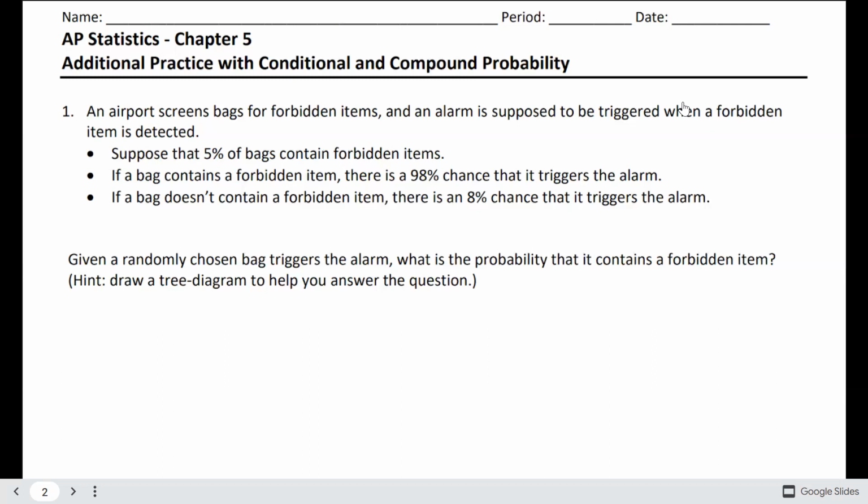What did we just find? Yeah. So thinking about those lines that they make you go to when they're like, we're going to have to check this by hand. About 39% of the time, they're actually recovering forbidden items. The other about 60% of the time, 61% of the time, it's something else that set it off. So there's more innocent people in that line than guilty people, but they're catching 98% of the people that are trying to get forbidden items in there. Does that make sense? All right.